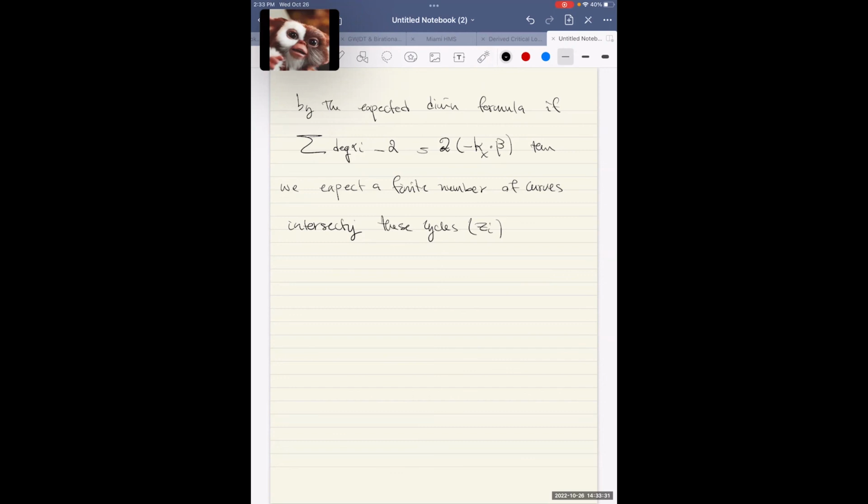And we constructed an enumerative Gromov-Witten problem using evaluation maps.